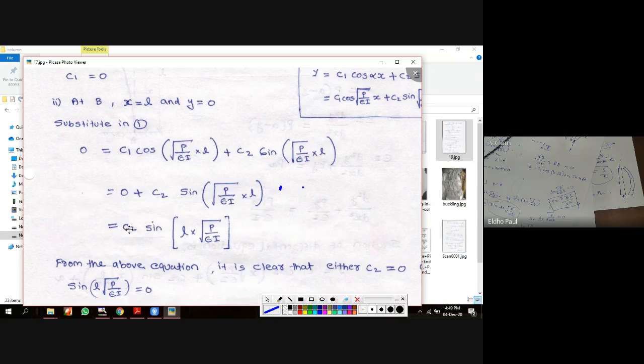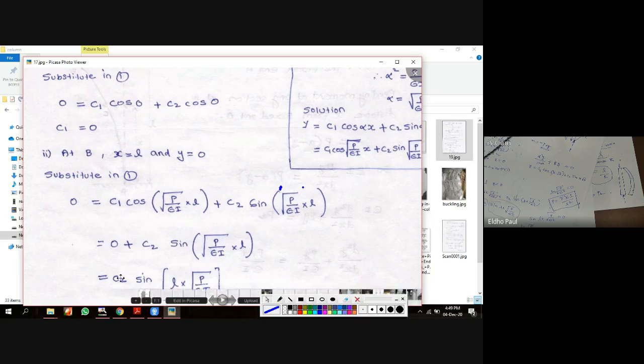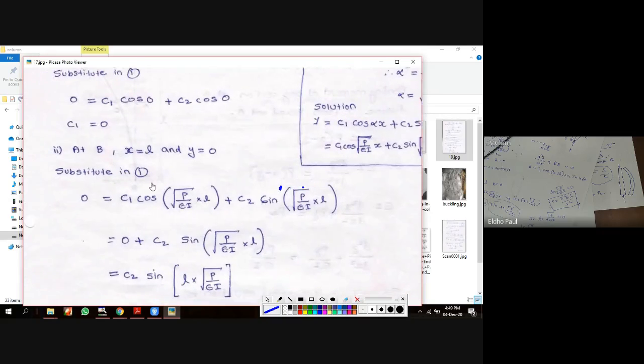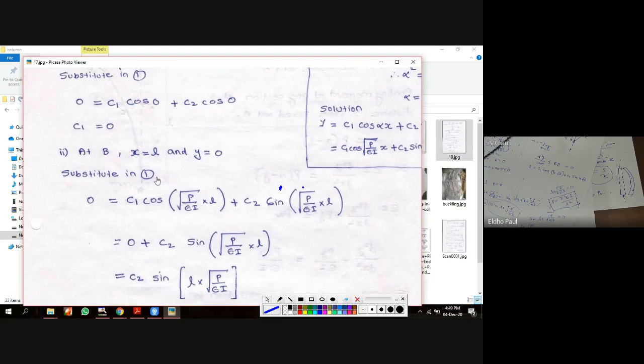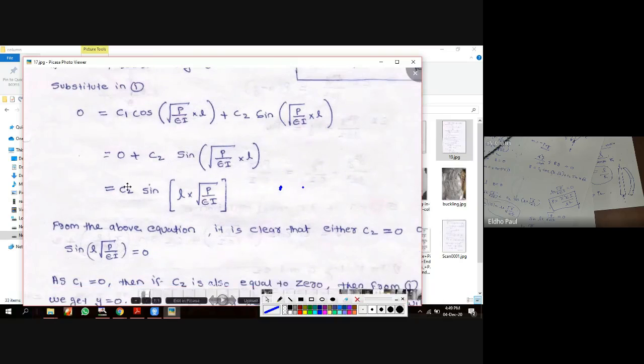In this, C2 cannot be 0 because already C1 is 0. If C2 equal to 0, then the equation will be entirely 0. That is not possible. So in this equation, either C2 is 0 or sine L into root P by EI is equal to 0. C2 cannot be 0. That means sine L into root P by EI equals 0.